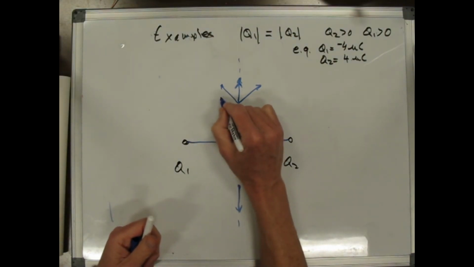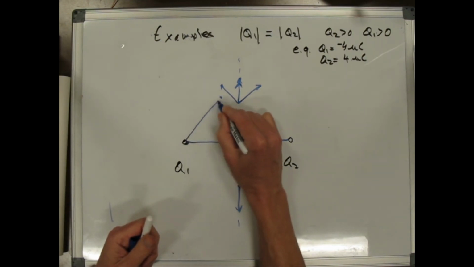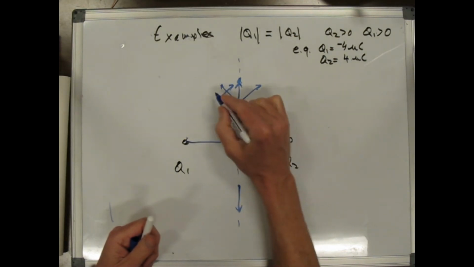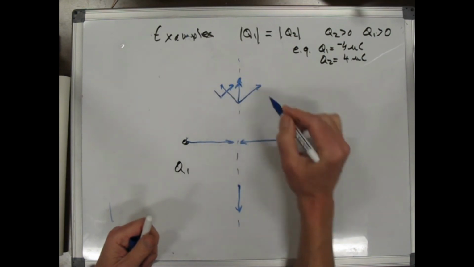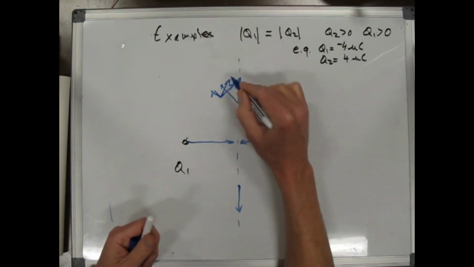Well, what happens a little bit to this side? A little bit to this side, this guy's pushing this way, and this guy's got a smaller push going that way. And so the net effect is kind of like that.